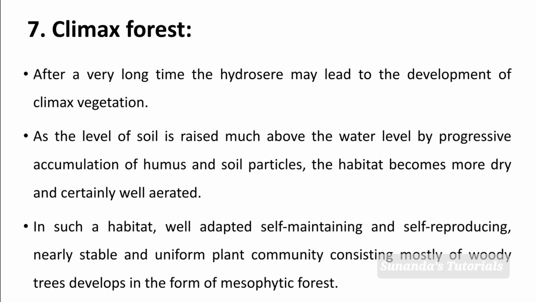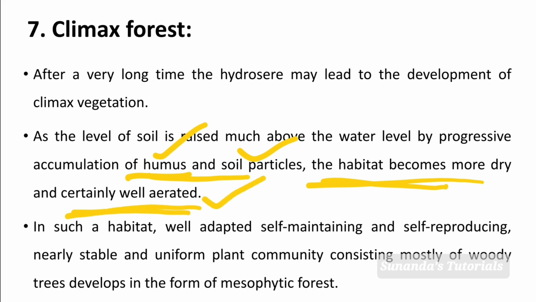Then the final stabilized community, which is the climax forest. After a very long time, the hydrosere may lead to the development of climax vegetation. As the level of soil is raised much above the water level by progressive accumulation of humus, that is organic compounds and soil particles, the habitat becomes more dry and well aerated.